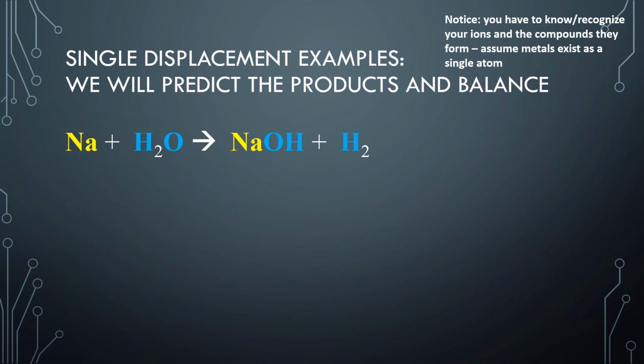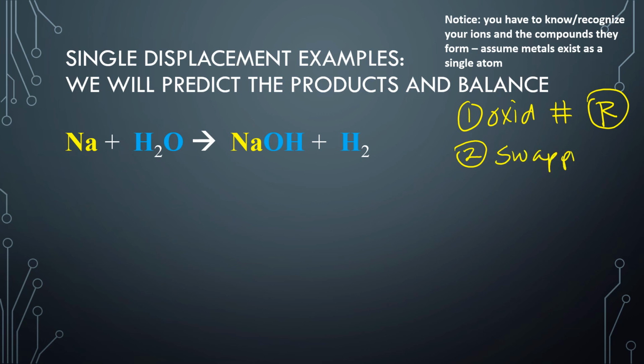The first step is getting your oxidation numbers for your reactants. Number 2 would be swapping your ions, which I will show you in a bit. Step 3 would be to make your new products. And step 4 would be to balance your reaction in the end.